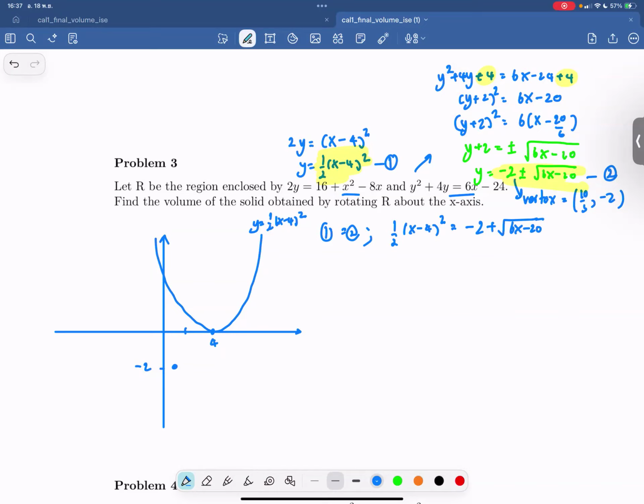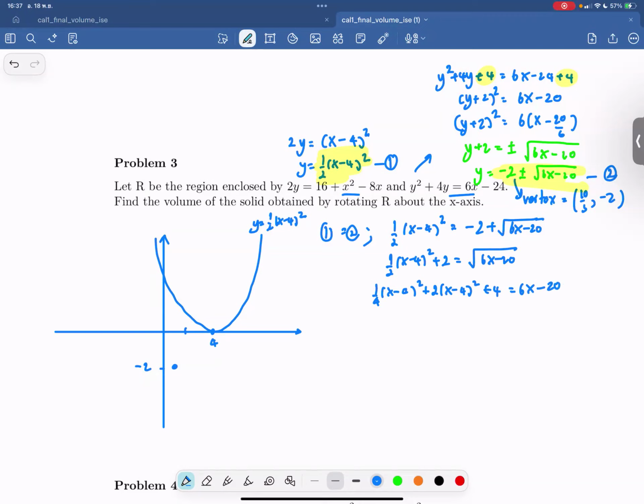Okay, so x minus 4 square plus 2, 6x 20, and then square both sides and get 1 over 4 x minus 4 square plus 2x minus 4 square and then plus 4 and then equal to 6x minus 20.